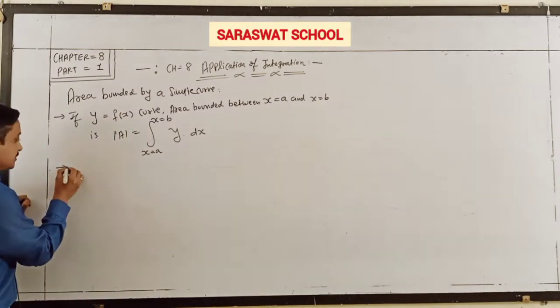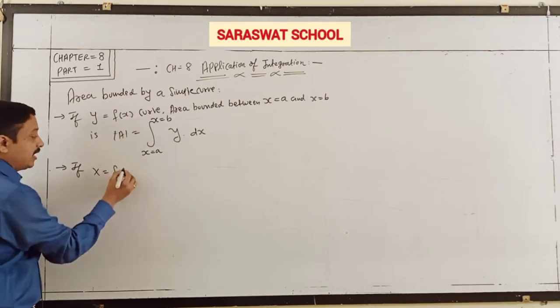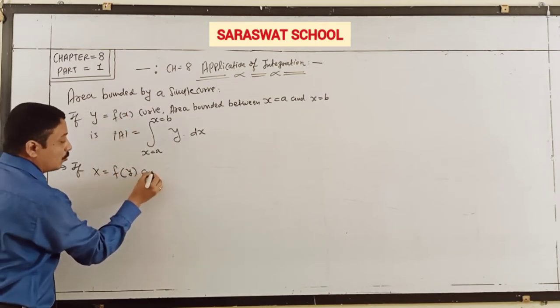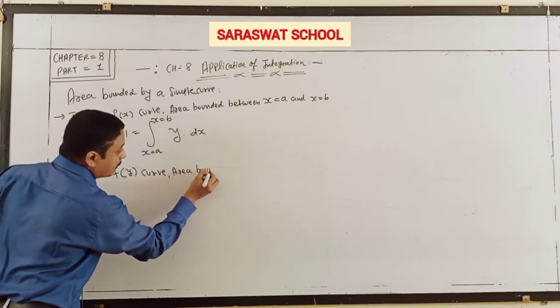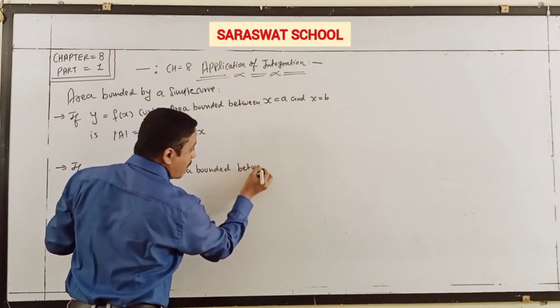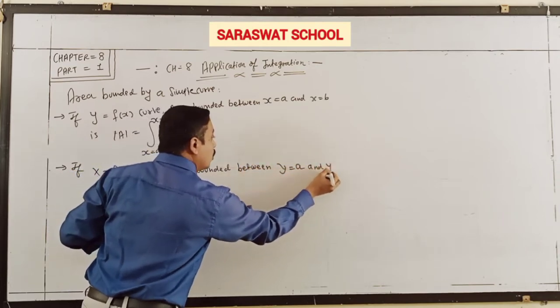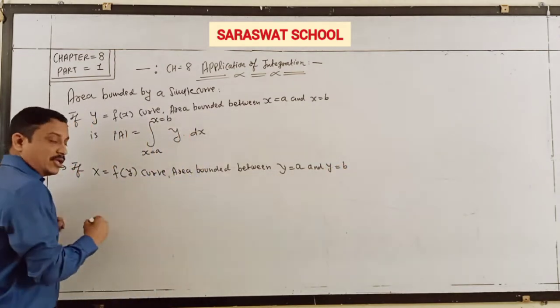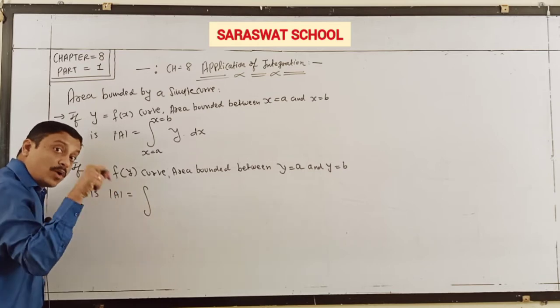And second case, if now x is equal to f(y) curve, the area bounded between y is equal to a and y is equal to b is now bounded on the y-axis.